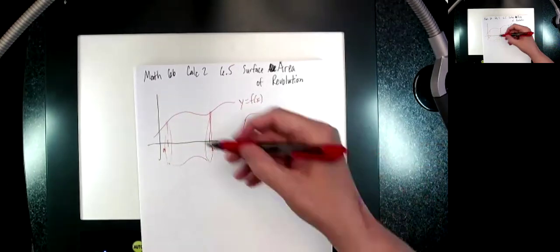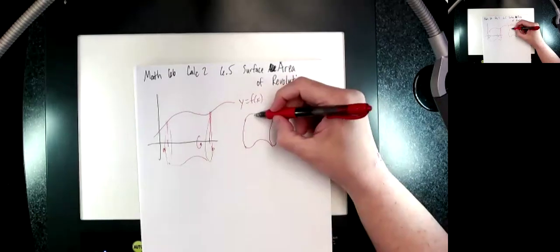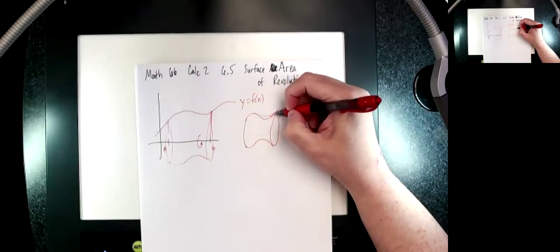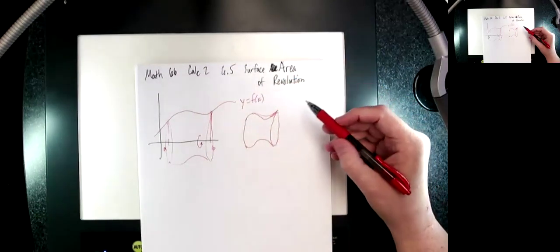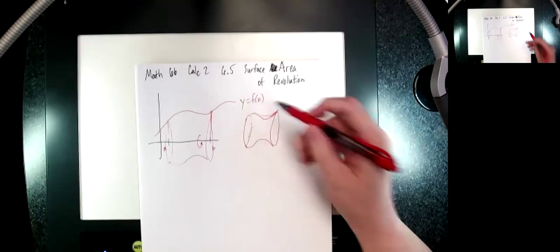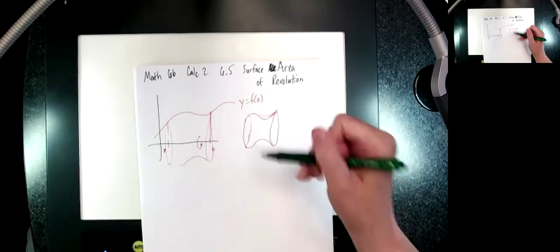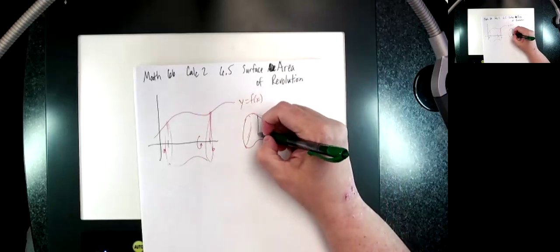So we're rotating it around the x-axis. Pretend this looks symmetrical. And there's no ends, so I guess it's not really a vase. What we're going to do is a ring at a time.